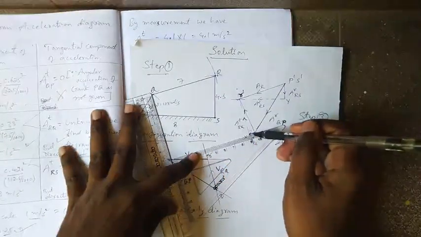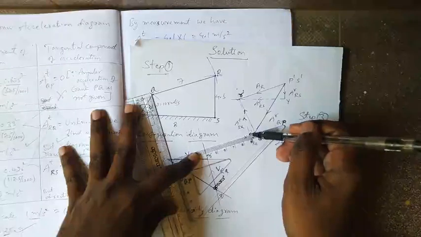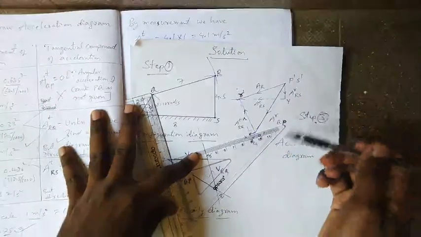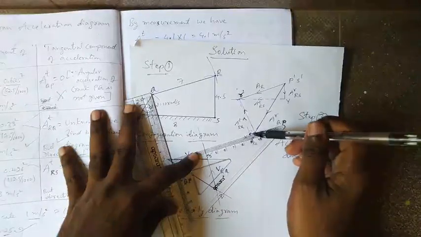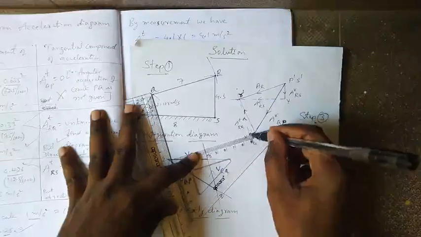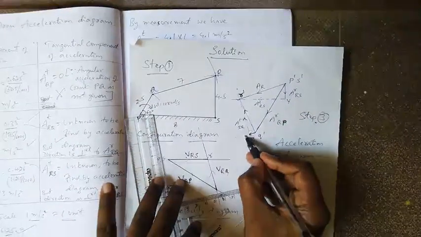Now draw a line. The magnitude is known, that is 0.63, so you need to draw a 6.3 mm line. Stop the line at 6.3 mm. Let us call that point X.